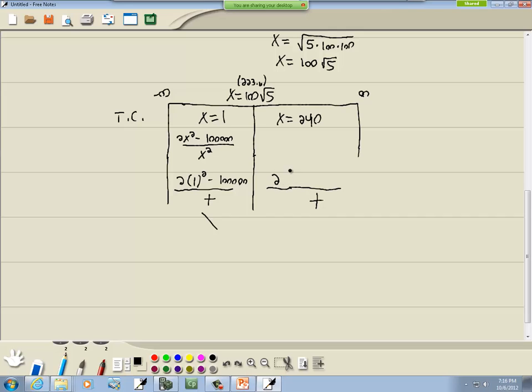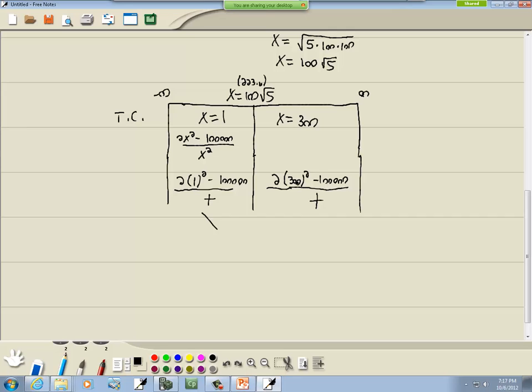And if I put in 240, that might have been too small. 300 might have been easier to think of. Let me choose 300. Okay, so we got 2 times 300 squared minus 100,000.